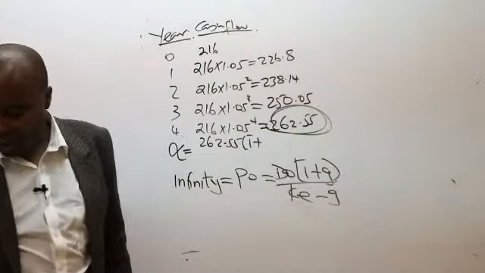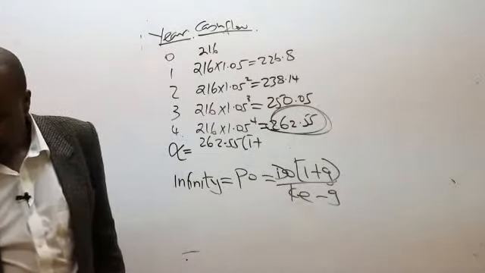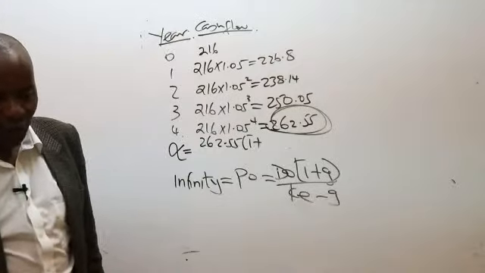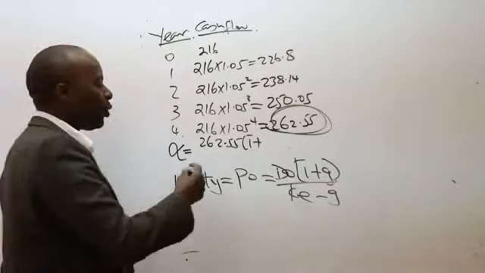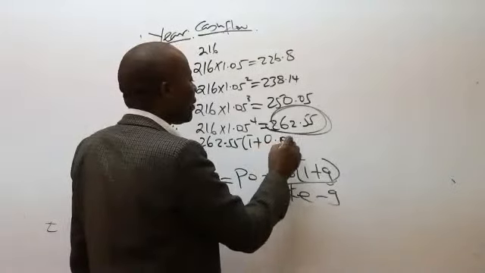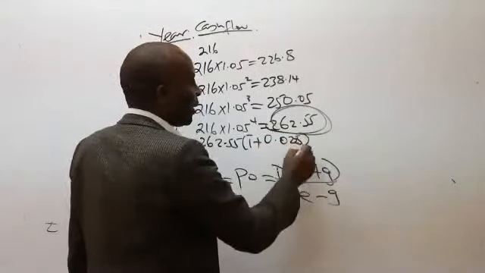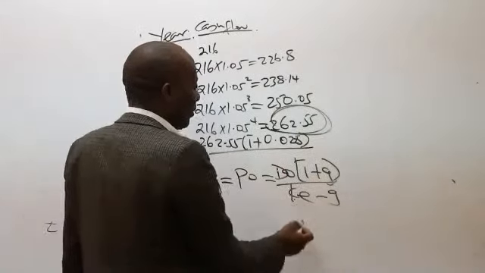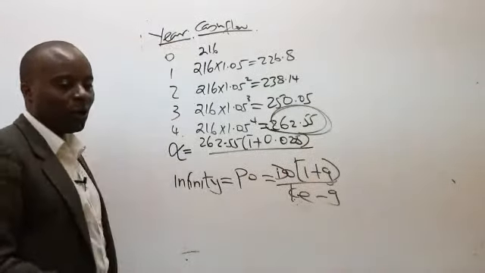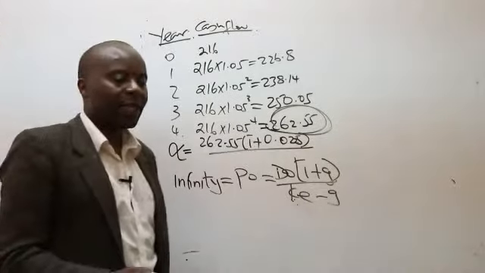The perpetual growth rate is 2.25, isn't it? So I say 0.025225. Right? All over Ke minus g.